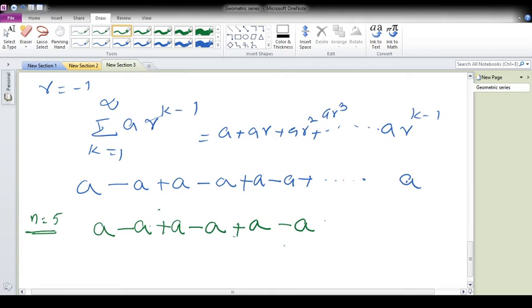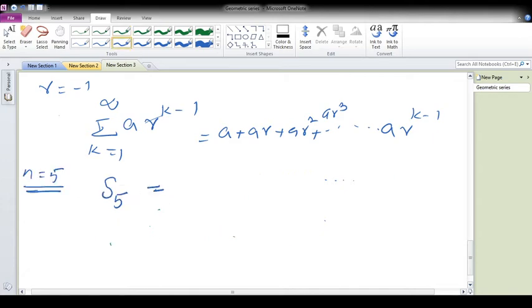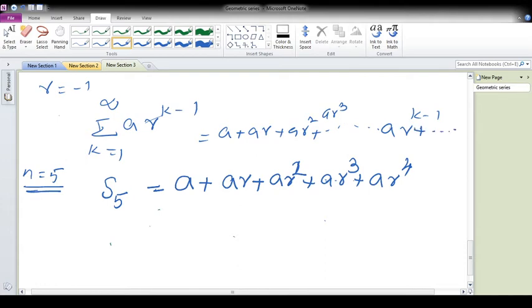Okay. Once more I will explain, first in the case of n equal to 5. We know S5 is equal to a plus ar plus ar power 2 plus ar cube plus ar power 4, because in the case of k, the term is ar power k minus 1.